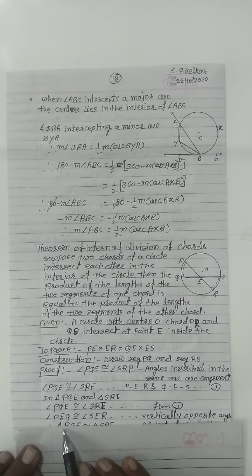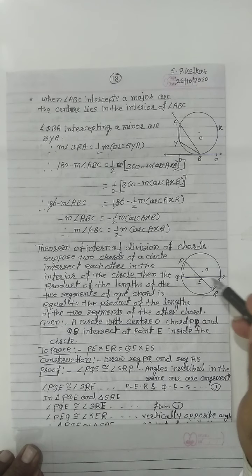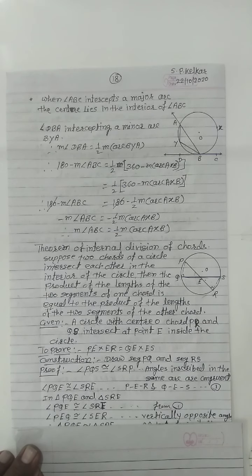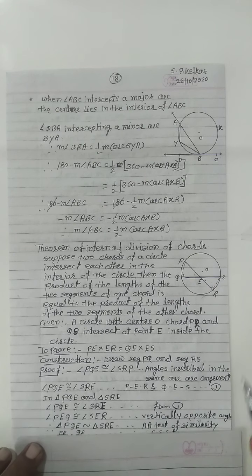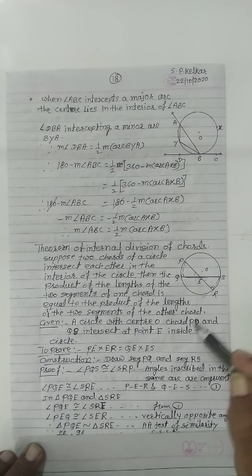Then angle PEQ, this angle, and angle SER, this angle, are congruent, being vertically opposite angles. Then we say that triangle PQE is similar to triangle SRE.